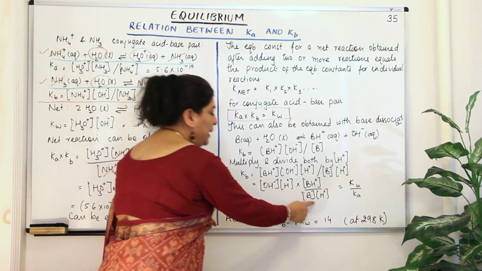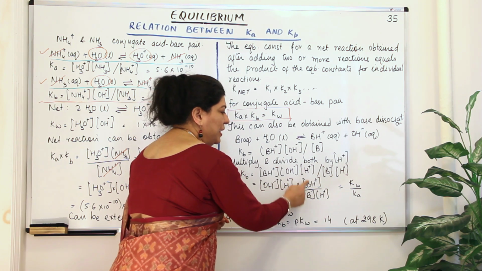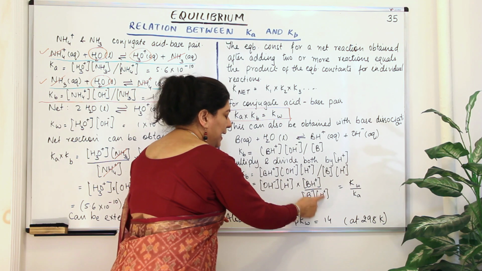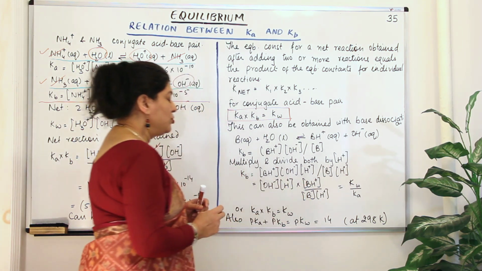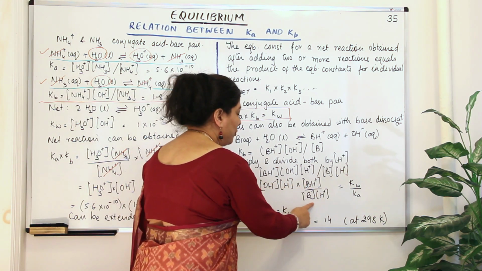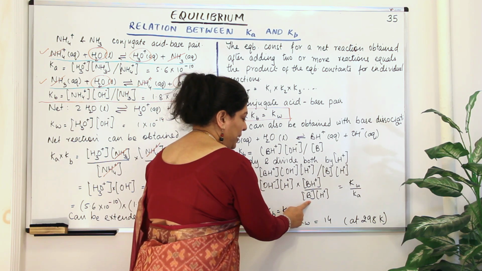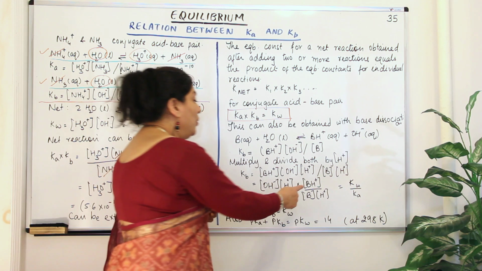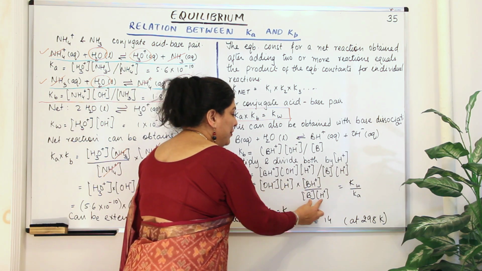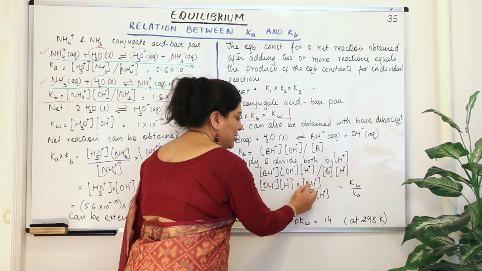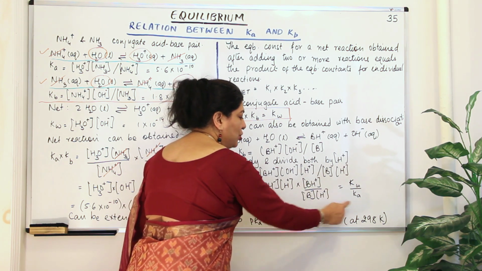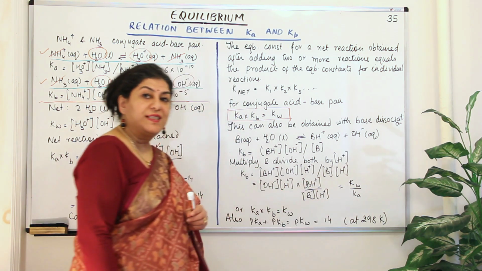Why? Because when BH positive loses a proton, it results in the formation of B, the base, and H positive. This is the opposite reaction. So if you take B and H positive to be the products and BH positive to be the reactant, then this value actually becomes equal to Ka. What is Ka?